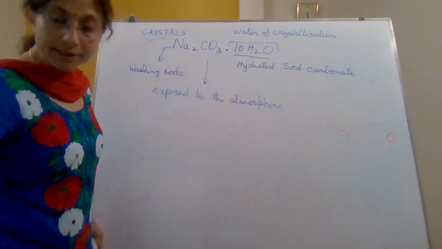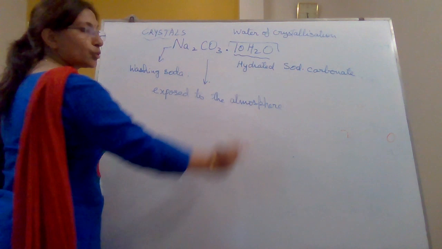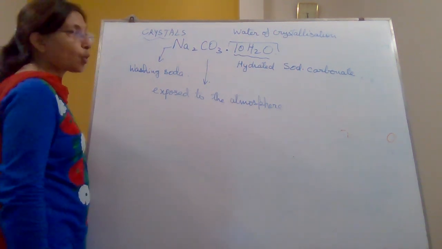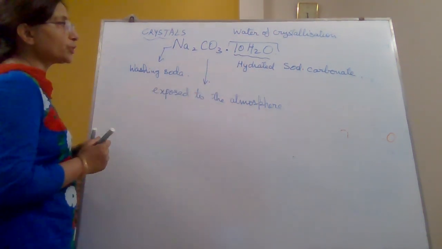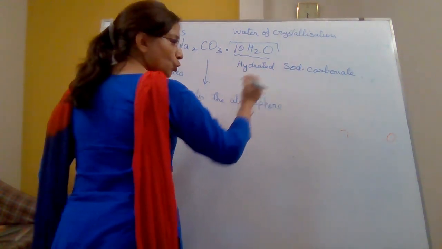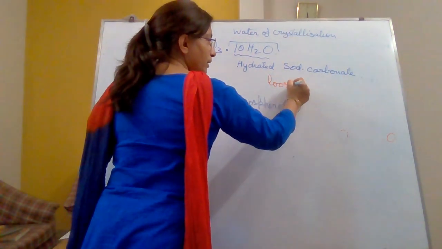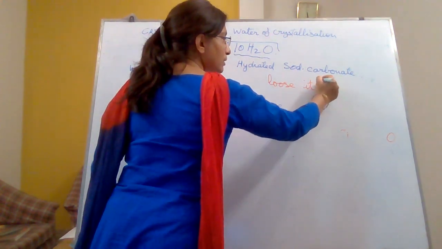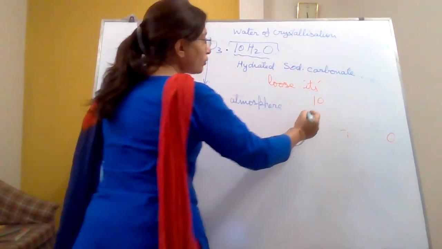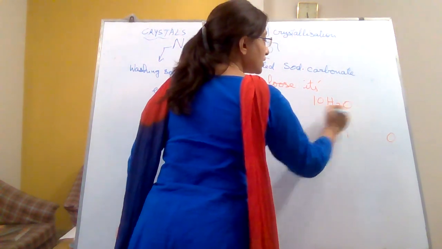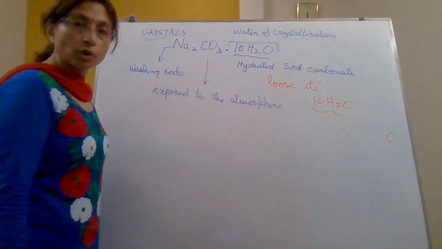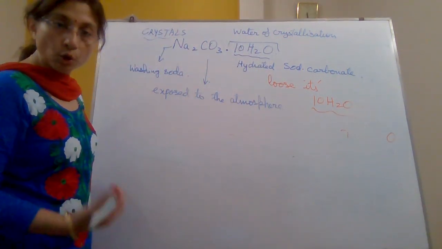And in that case, this sodium carbonate dot 10H2O or this hydrated sodium carbonate will lose its water of crystallization. इसका जो water of crystallization है, that will be lost.